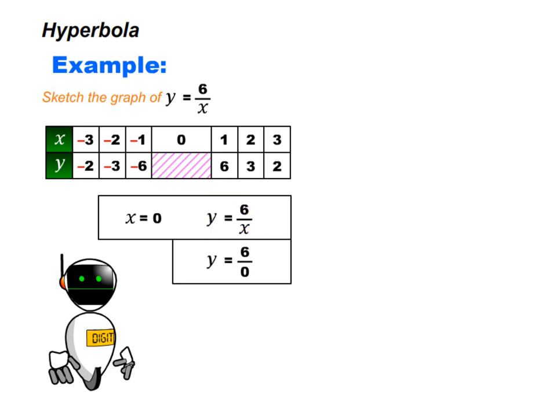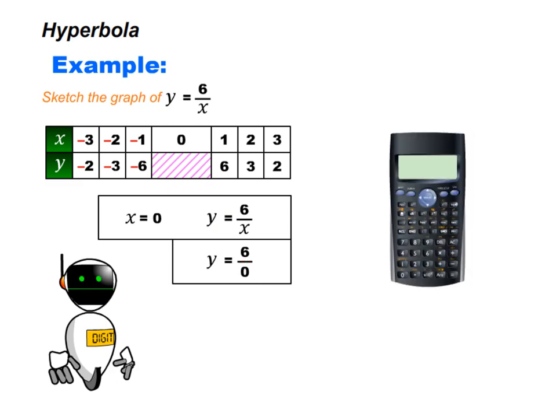If we put 0 in the equation y is equal to 6 over x, we will have y is equal to 6 over 0. We cannot divide by 0. Take your calculator and work out 6 divided by 0.